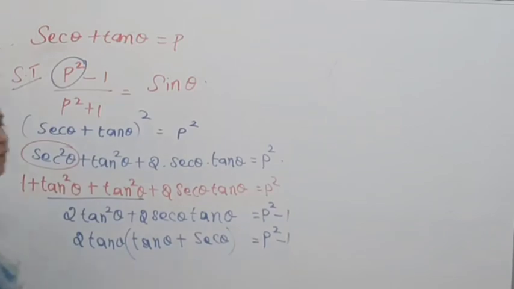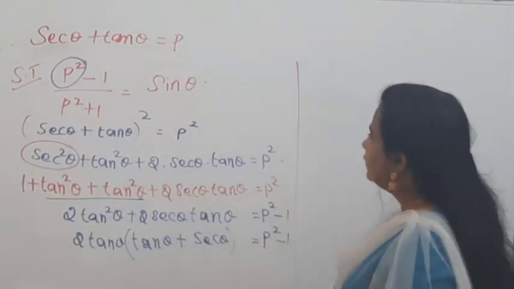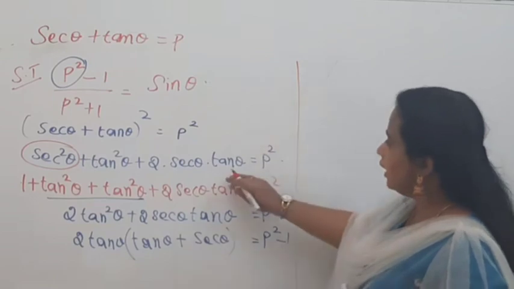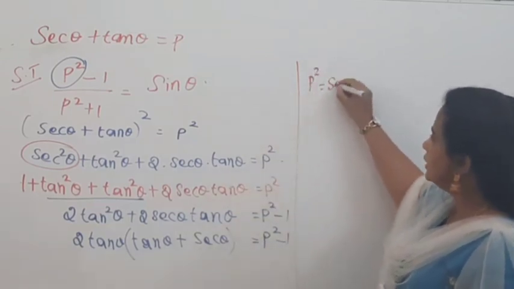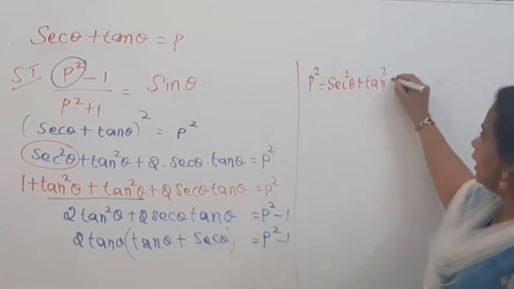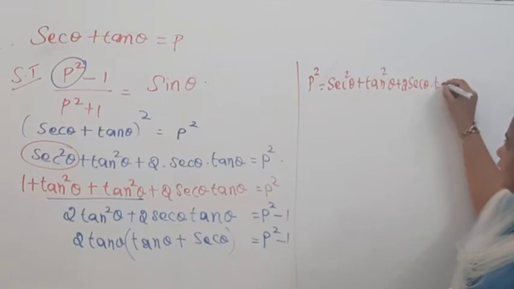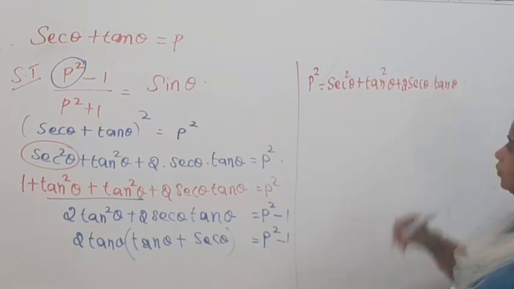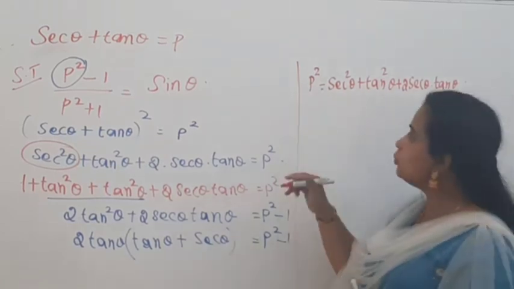Now I am going to find my P square plus 1. So how do I get it? P square I have it here, which is P square is equal to sec square theta plus tan square theta plus 2 sec theta tan theta. I have it already. Now I have to add 1, or bring my plus 1 this side.